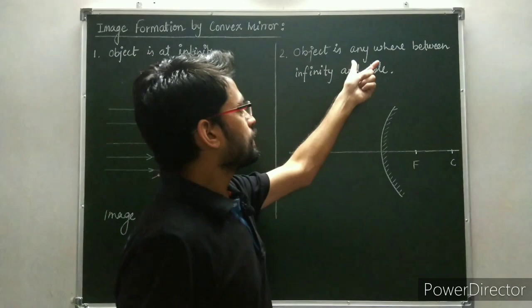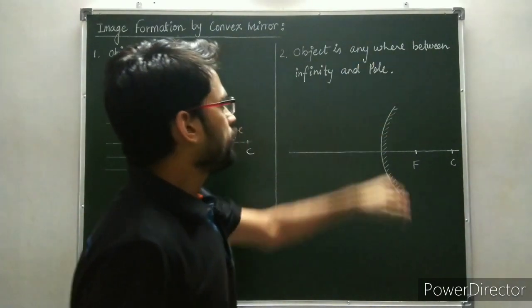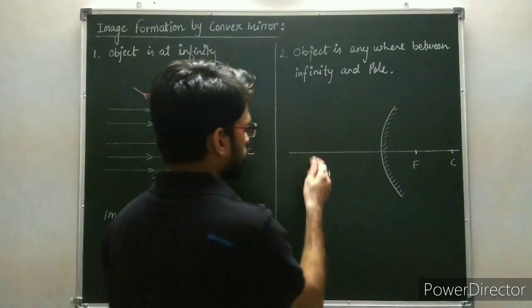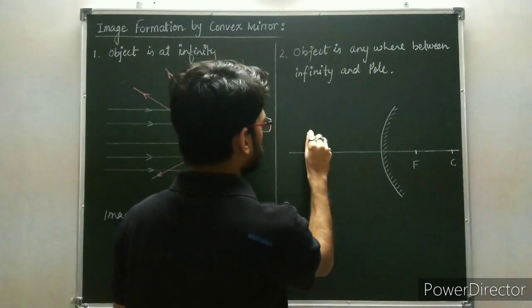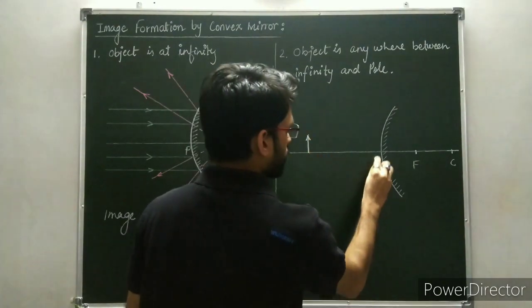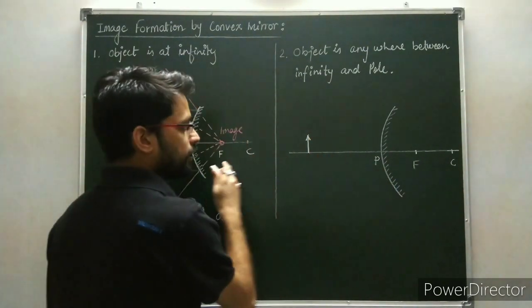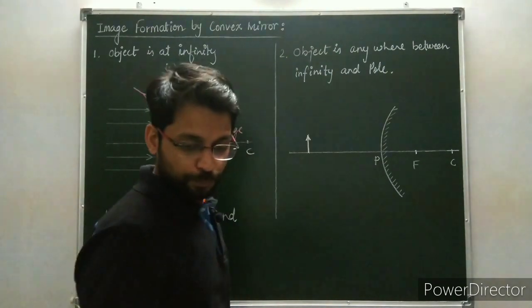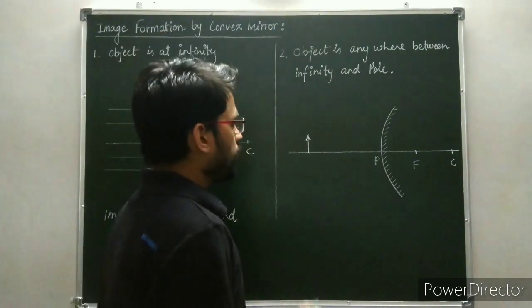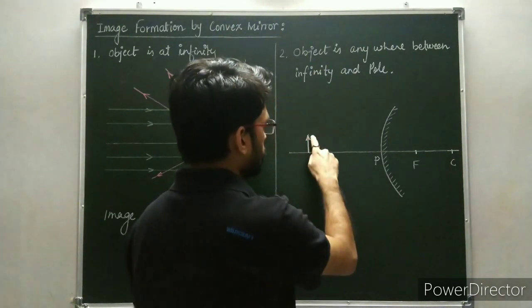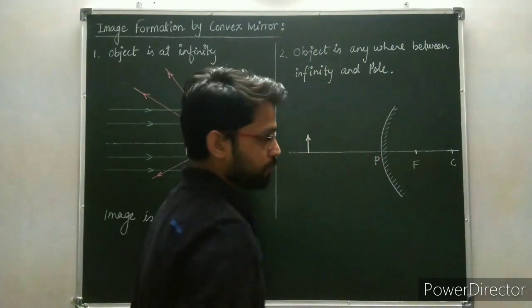When the object is anywhere between infinity and pole. So consider the object is here, between infinity and pole. Take at least two light rays coming from the object.